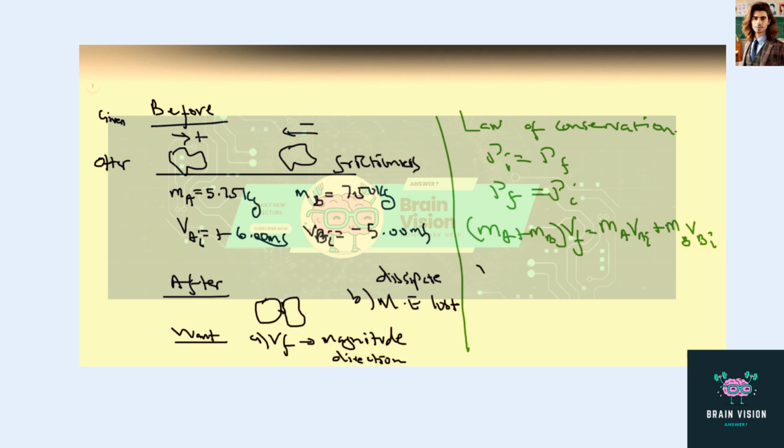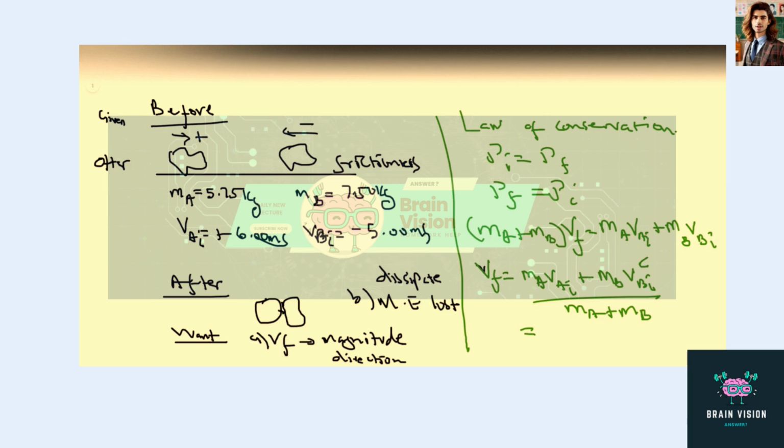And so the final velocity happens to be MA VA, the initial momentum of the first otter, plus the initial momentum of the second otter, divided by the mass of the first otter plus the mass of the second one.